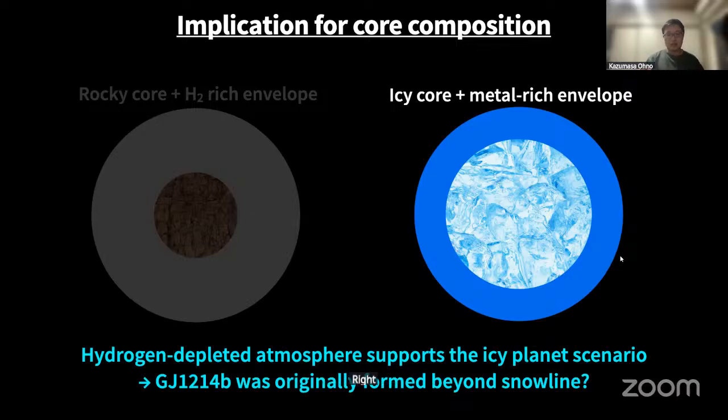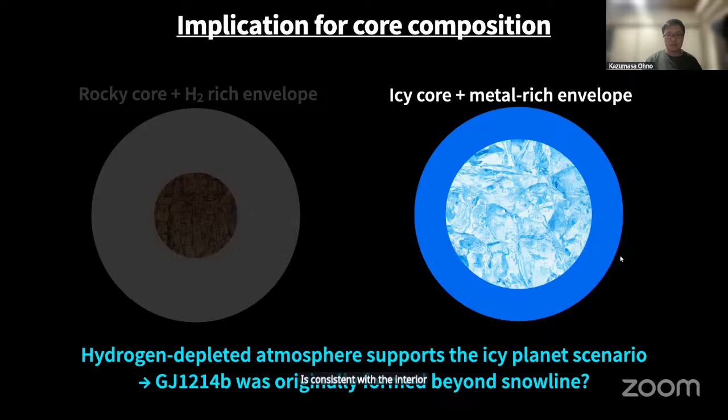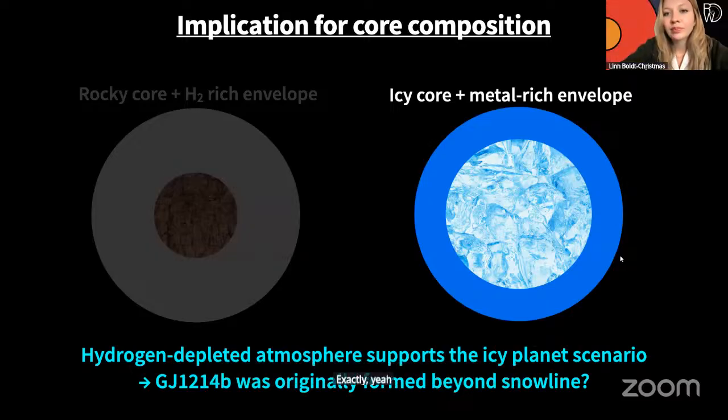But our observation didn't find water, and our observation basically just observed the hint of CO2, and CO2 is heavier than water, so we don't really know whether some atmospheric composition from our observation is consistent with the interior mass-radius relations. So I think there is a lot of room regarding how this planet evolves to end up with the current mass-radius relations.